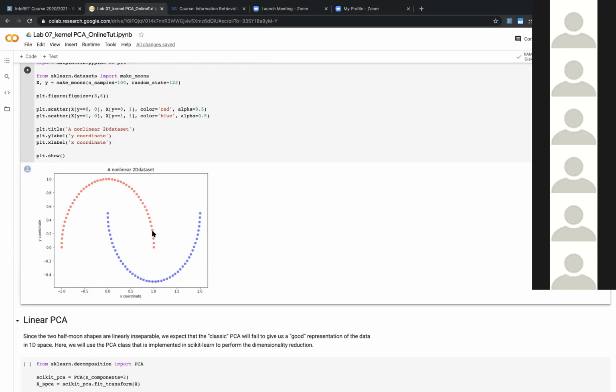So if we have a simple non-linear 2D data set, the linear or conventional PCA which we have studied so far fails. We have to come up with kernel PCA, finding interesting kernels which could boost PCA using kernel methods.